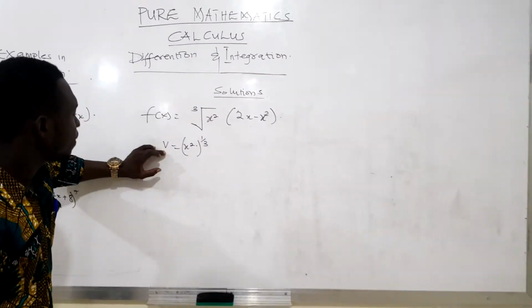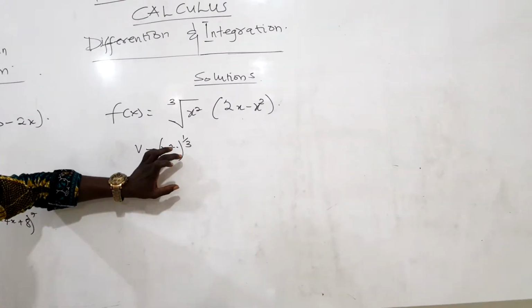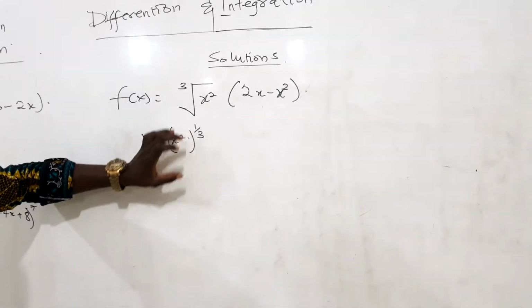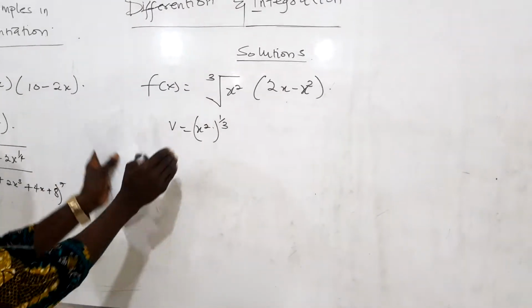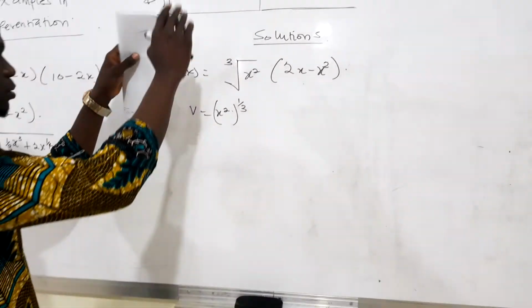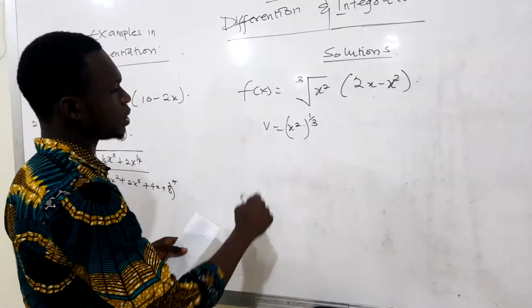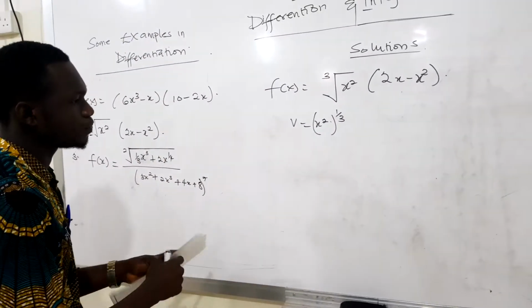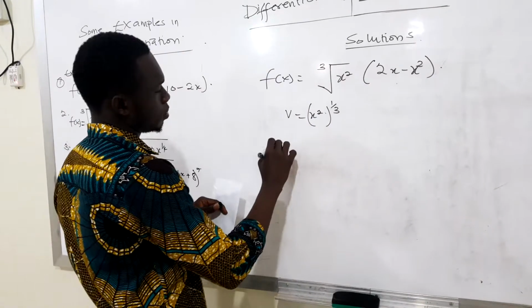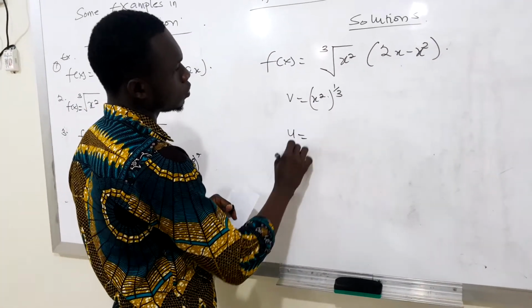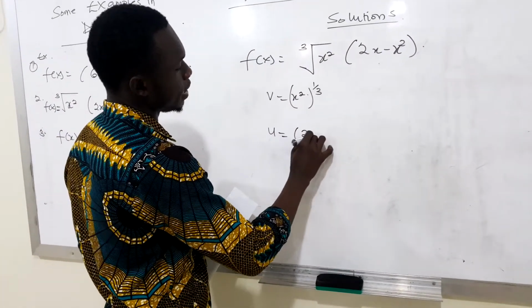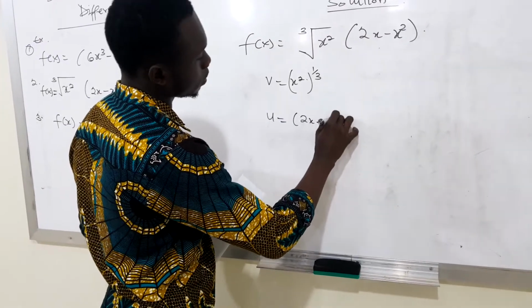We should use v to be equal to x squared, all in the expression negative 1/3, that is the cube root of x squared, then our u is equal to 2x minus x squared.